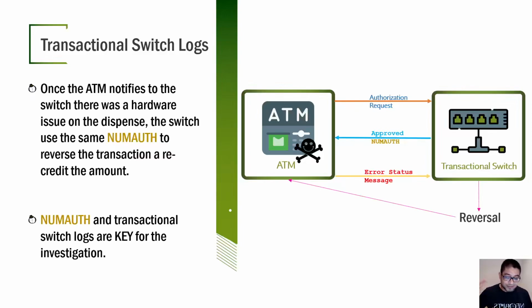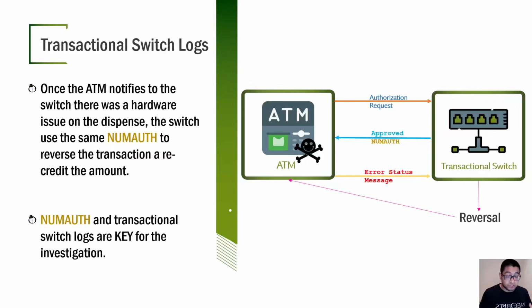So I am sending you this error, so you will make a reversal because the customer will need the recredit of that amount. Then the transactional switch will receive this error and will know that it needs to do a reversal, and it will use the same authorization number to do the reversal.